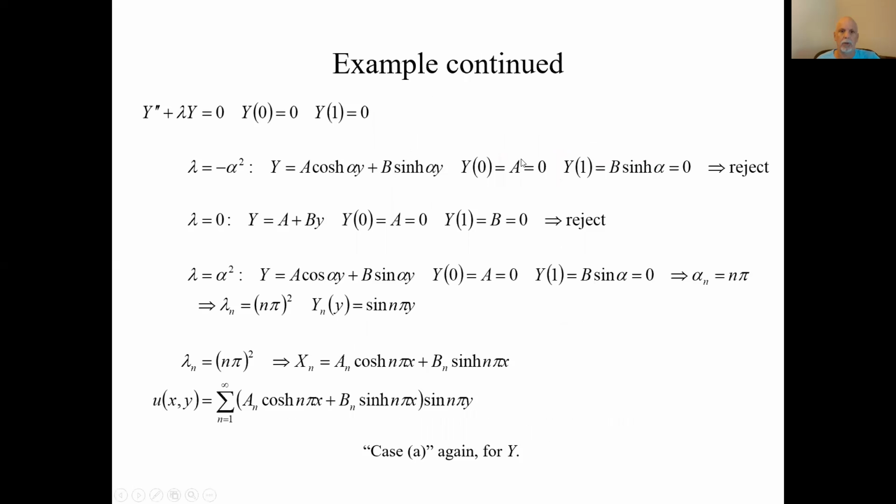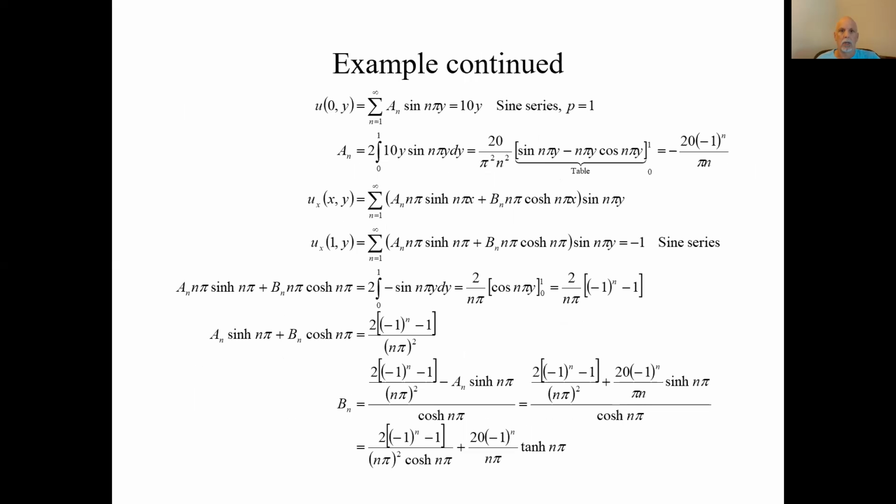We need to take that derivative. Go back to the general solution and take its derivative. Remember, the derivative of a cosh is sinh, and the derivative of a sinh is cosh. We have this, and when x equals 1, here's what you have in the solution, and the boundary condition says that's got to be minus 1.